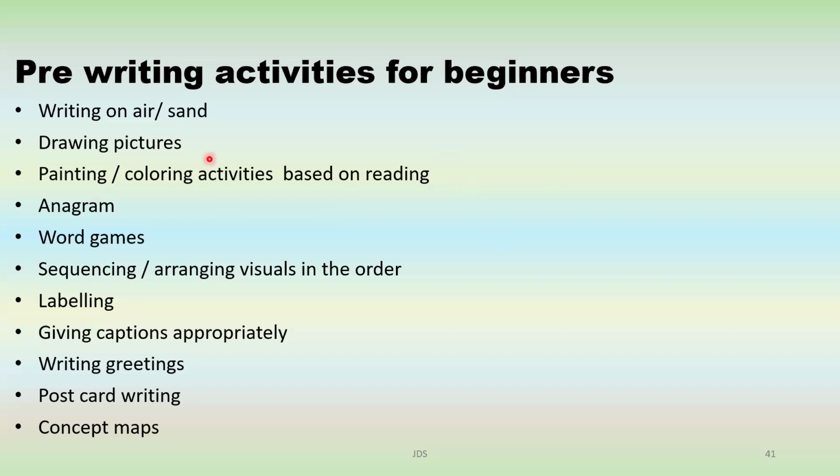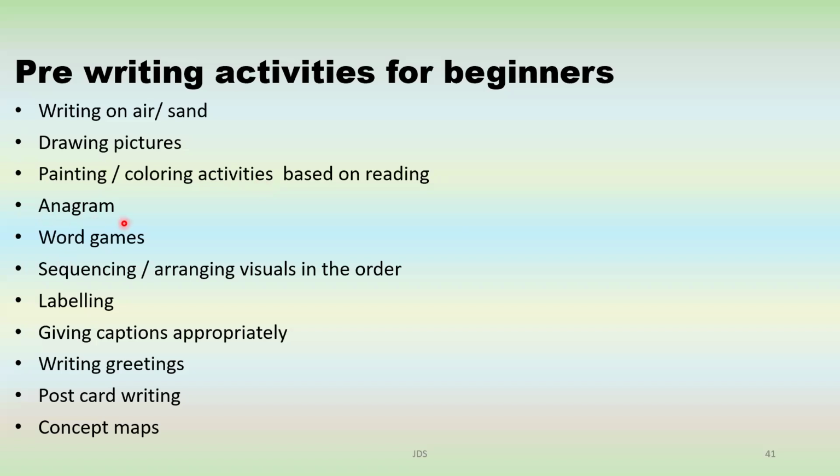So indicating the color. If you take a cat, the ears should be yellow, the eyes should be black, likewise. Oral instructions can be given and make them color. So what is happening, basically, the child is not writing anything, but the hand is getting trained. That is the psychomotor or maybe a fine motor activity that is required for them to produce any kind of writing correctly.